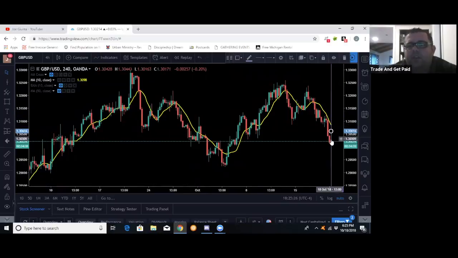If you take a 10 moving average and count 1, 2, 3, 4, 5, 6, 7, 8, 9, 10, it's going to take, at the close of every candle, in this case a 4-hour, the average price of the last 10 candles when they close, and that's where your line is.